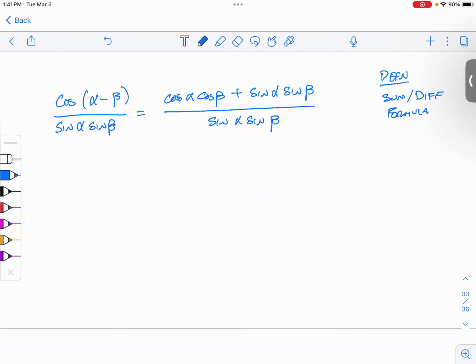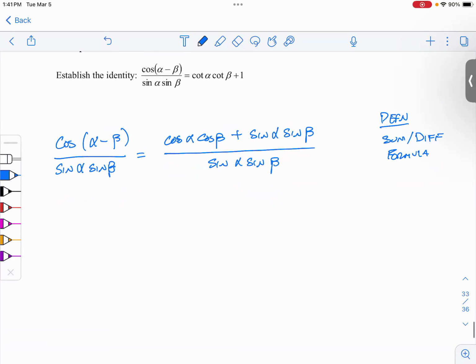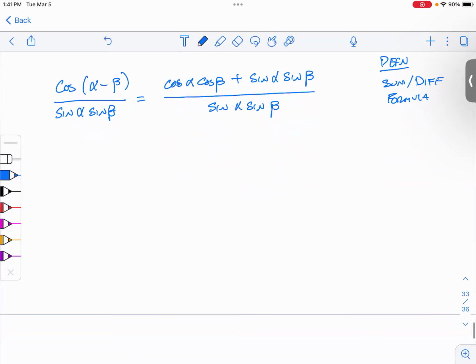The definition of the sum difference. And then actually, given that we're just looking for cotangent, something over 1, I was like, we're basically there.